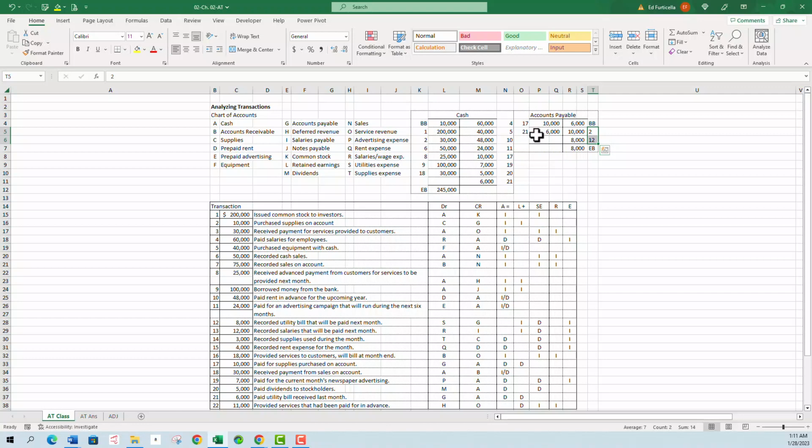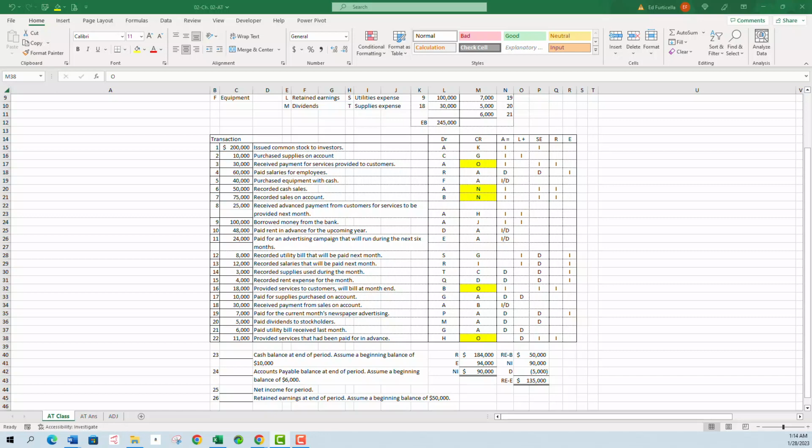So to get the ending balance, you'll take the credit beginning balance of $6,000, add the credits of $10,000 and $8,000 from transactions 2 and 12, and subtract the debits of $10,000 and $6,000 from transactions 17 and 21. The credit amount will be larger than the debit amount, so you'll end up with a credit balance of $8,000. The ending balance is a credit of $8,000, and it will always be a credit balance for liabilities, owner's equities, and revenues.